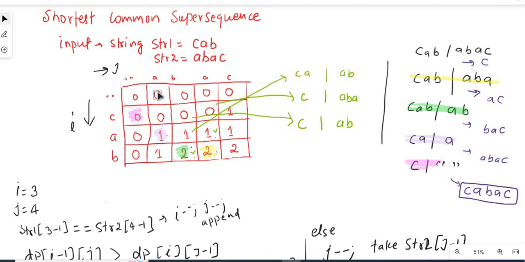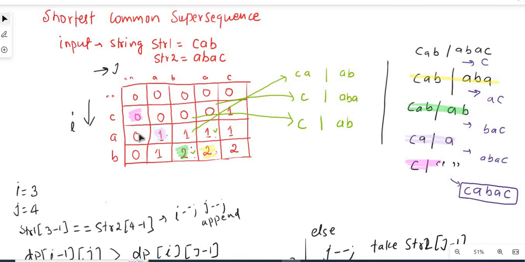So why do we take it? We go to this place to remove this c from string 2, and we go this way to remove a from the string 1, and check whichever is the maximum, we take it. Similarly we come up with 2 over here.